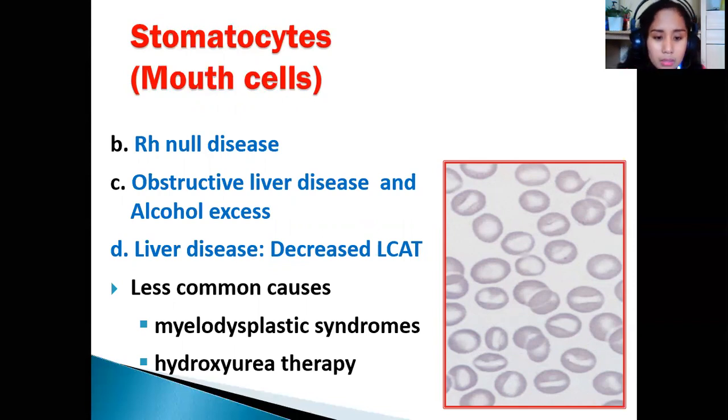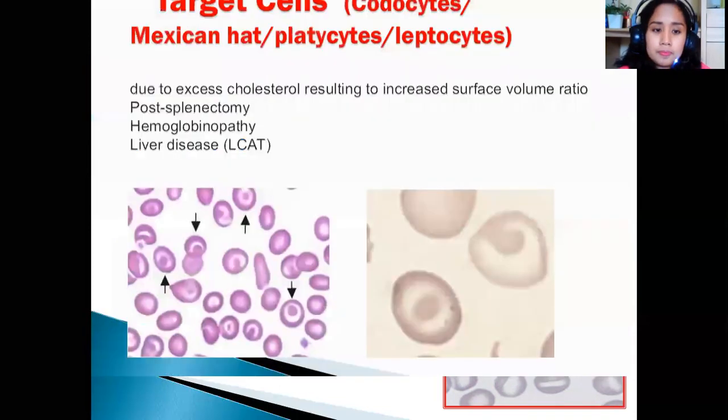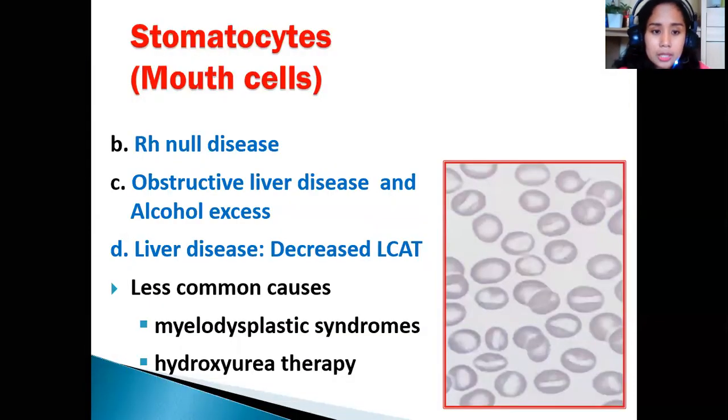We have less common causes, pero gusto ko syempre yung common yung memorize niyo. So, liver disease due to decreased LCAT. Alam niyo na saan dapat. Pag LCAT, it's related to membrane, to cholesterol. So, abetalipoproteinemia, next, stomatocytosis. Ayan, Rh-null. Kakalimutan na, apat na yan.